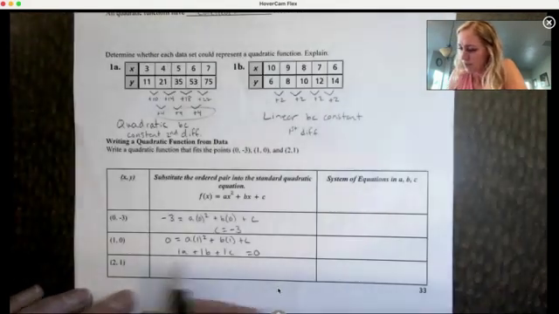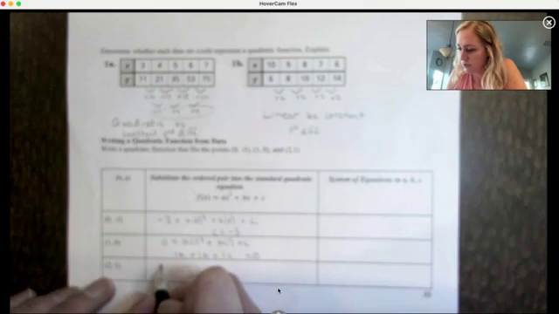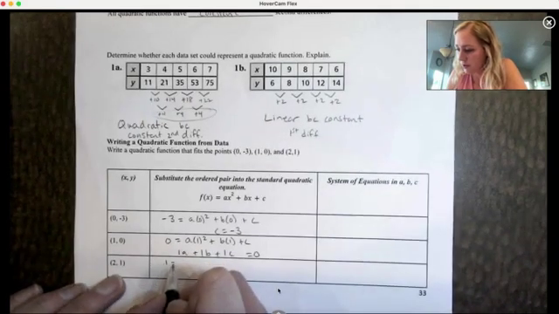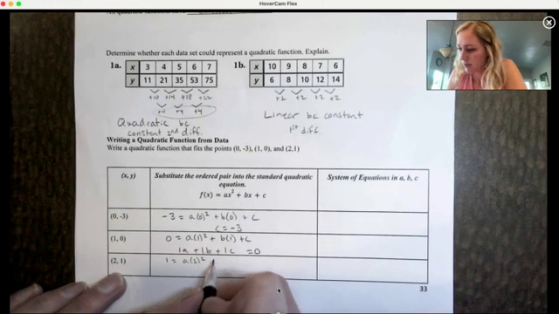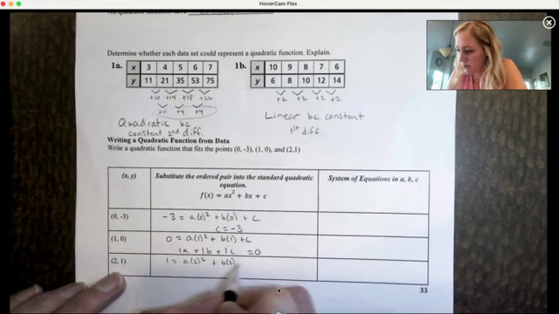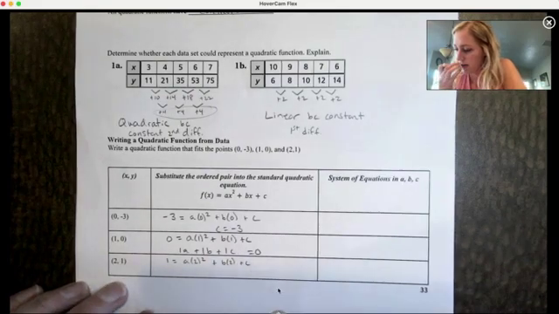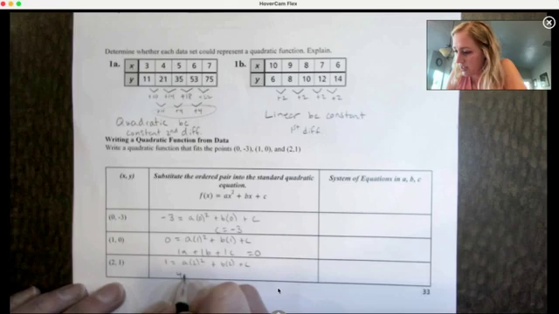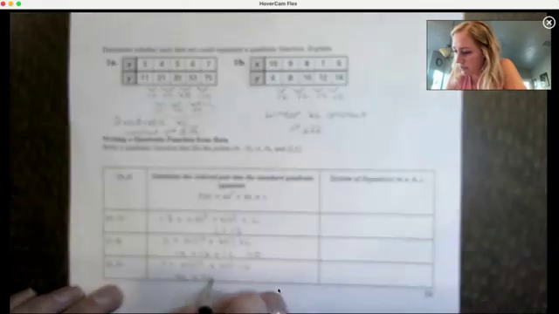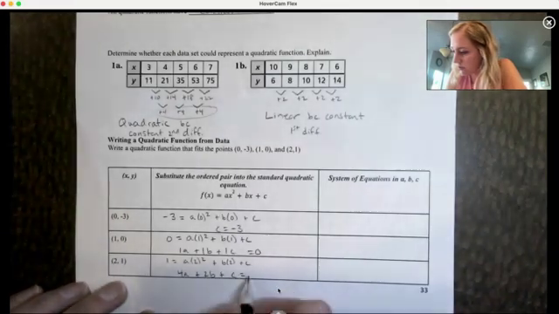Then my last one, I'm going to plug in 2 for x, 1 for y. So we get 1 equals a times 2 squared plus b times 2 plus c. Simplify here a little bit: 4a plus 2b plus 1c equals 1.